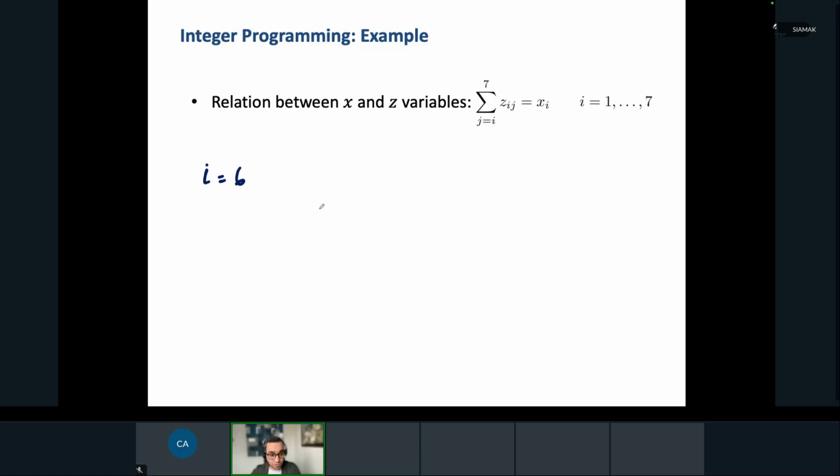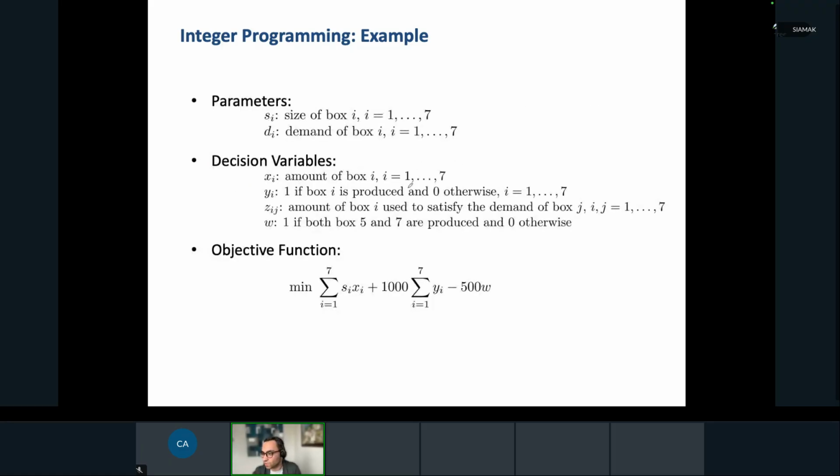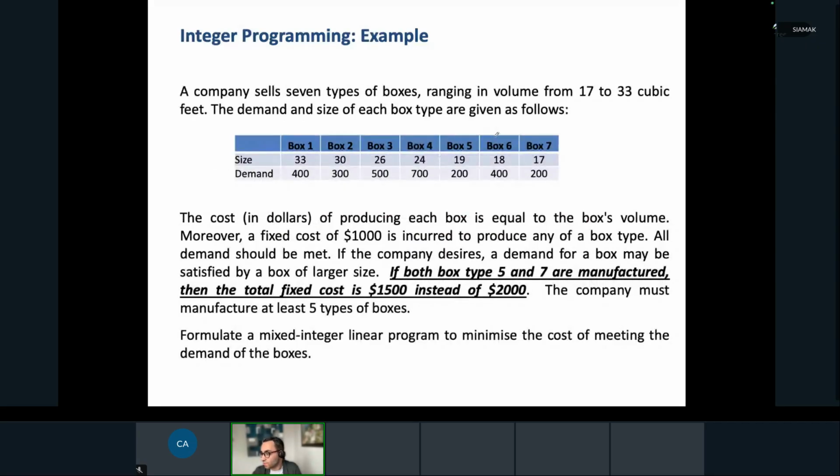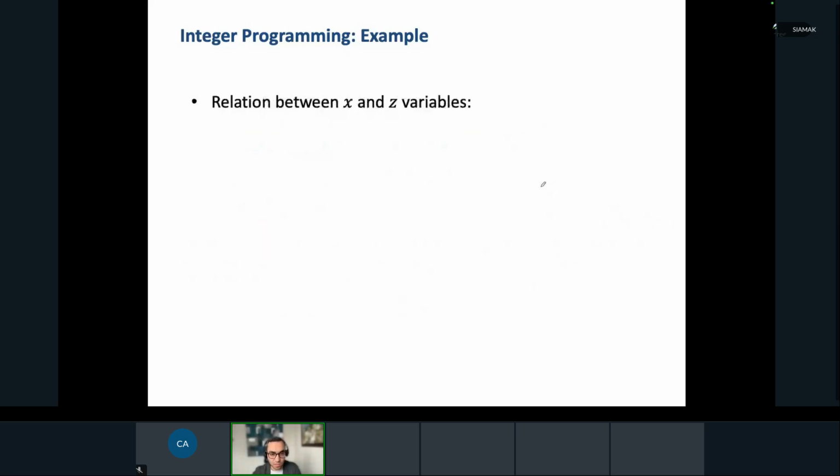Remember how we defined Zij? It is the amount of box I which is used to satisfy the demand of box J. So when I is equal to 6, if we go back, we can use box 6 to satisfy itself and 7, because a larger one can be used to satisfy demand of a smaller one.